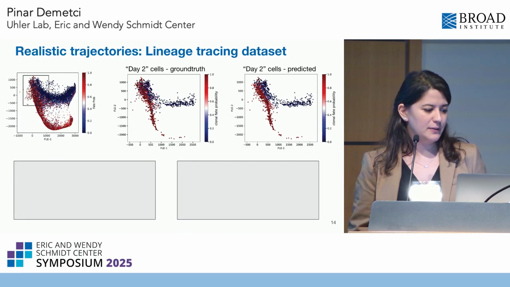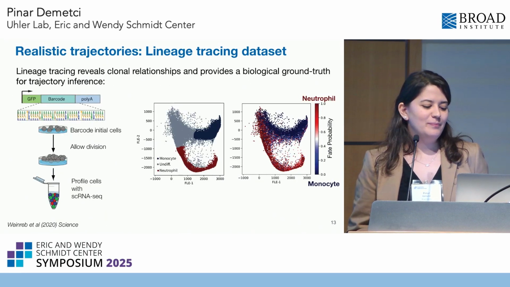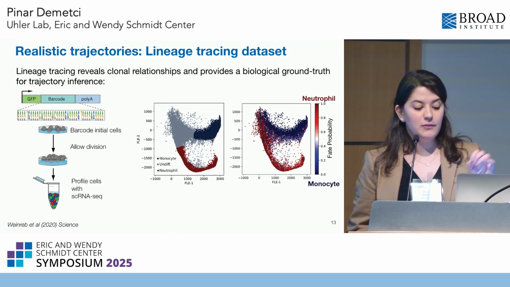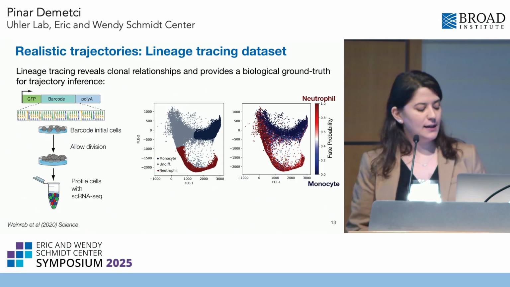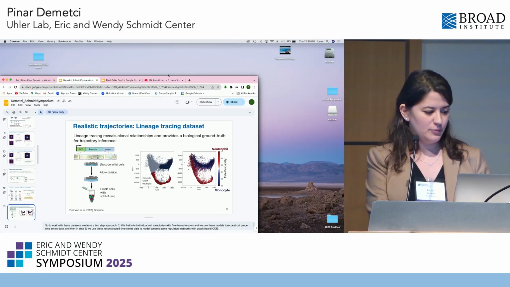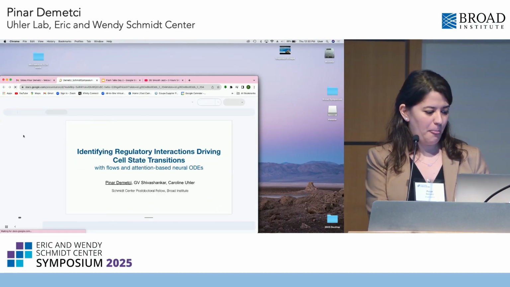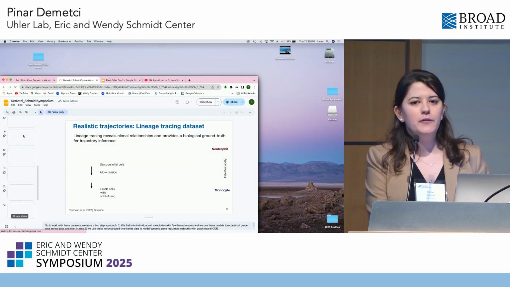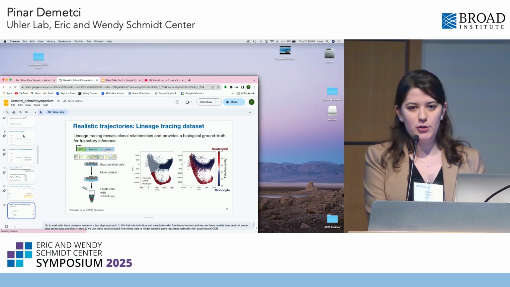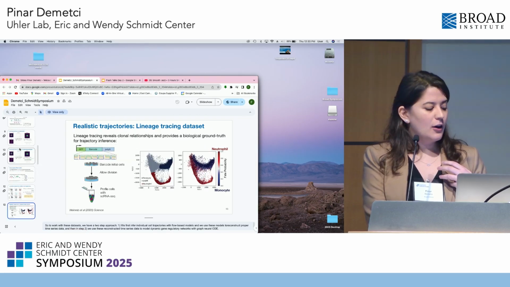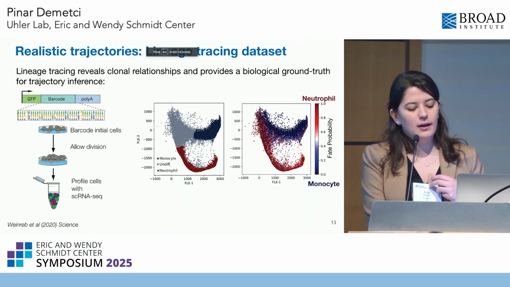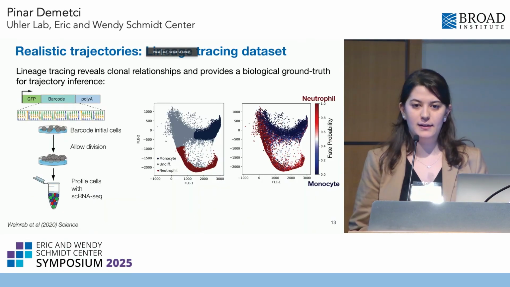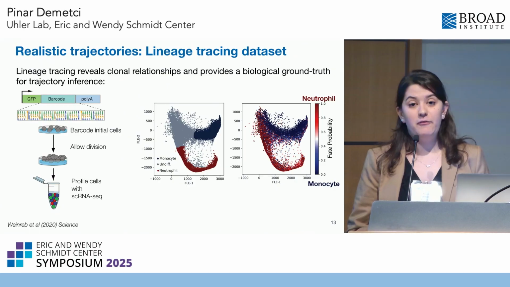If you look at the whole data set, we get close to 99% accuracy. But of course, making predictions for the differentiated, final fates will be very easy.